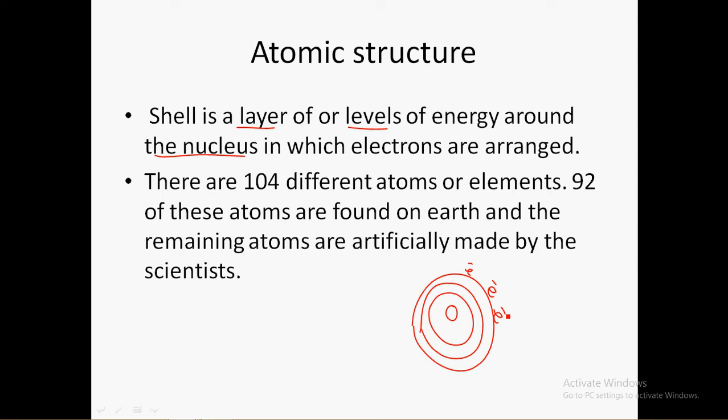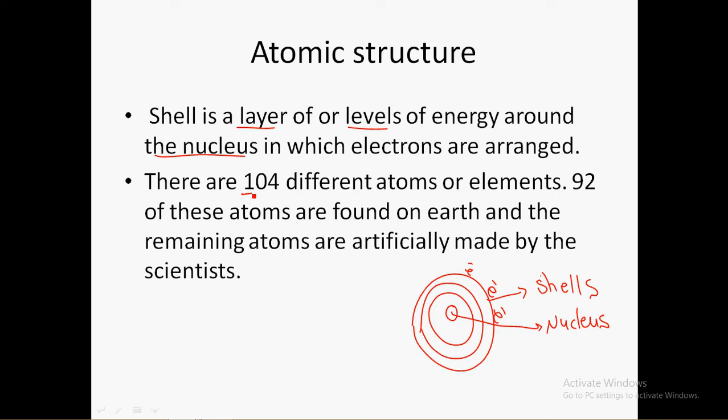This is the nucleus, the core of the element. The electrons are arranged around the nucleus, in the shells of that element.